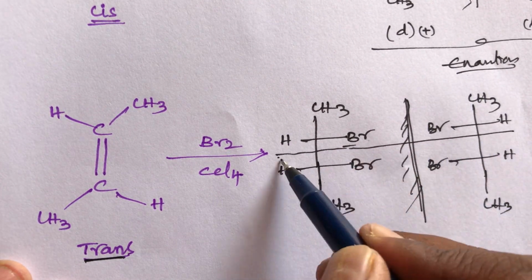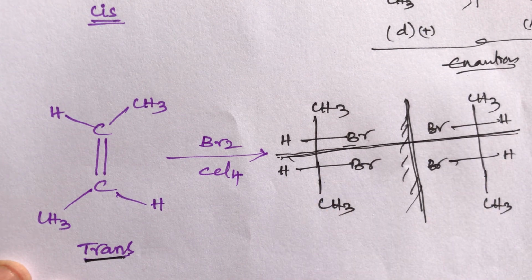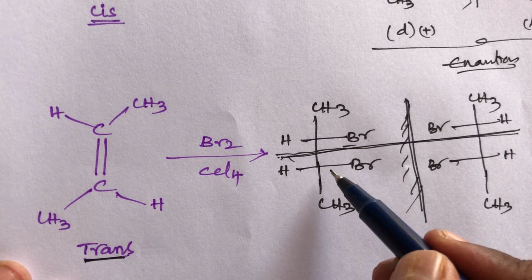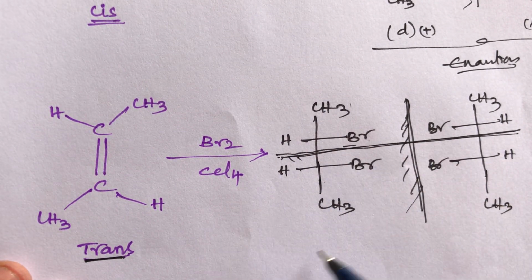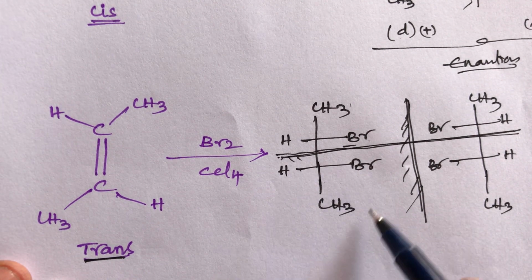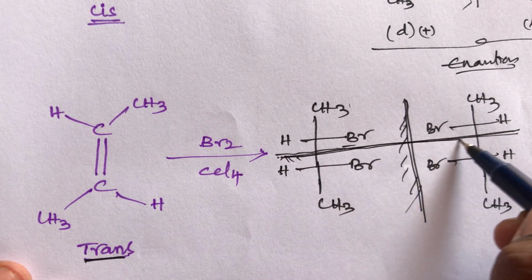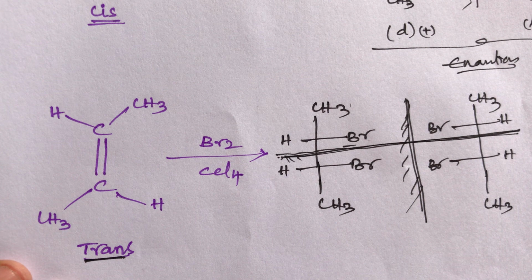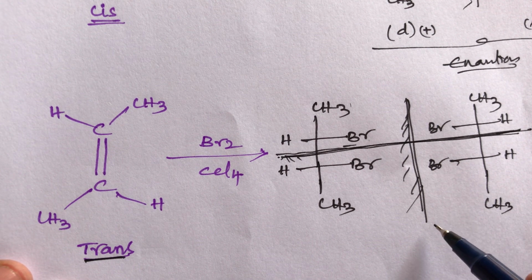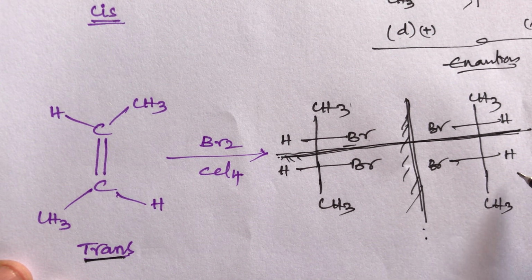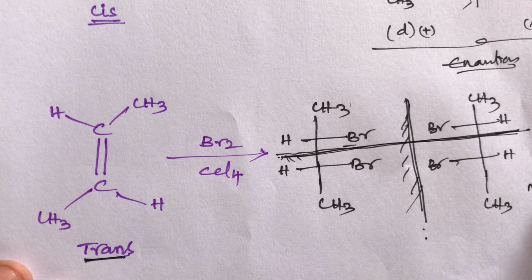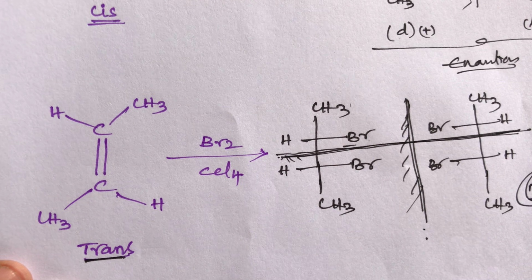A compound with a plane of symmetry does not exhibit optical isomerism. So this compound does not exhibit optical isomerism. So this compound will give a meso form, a meso compound.